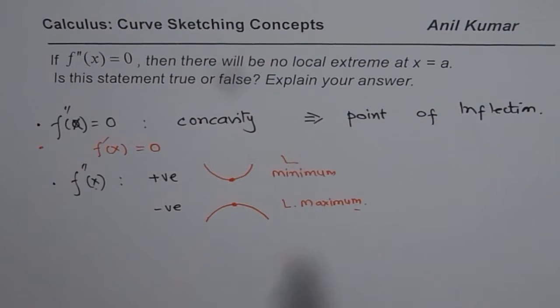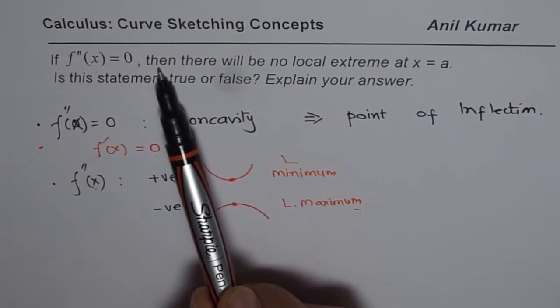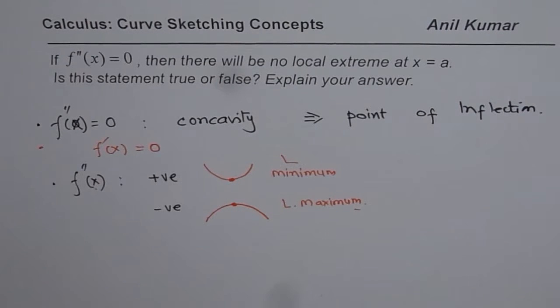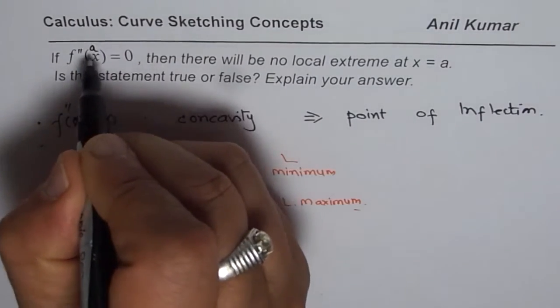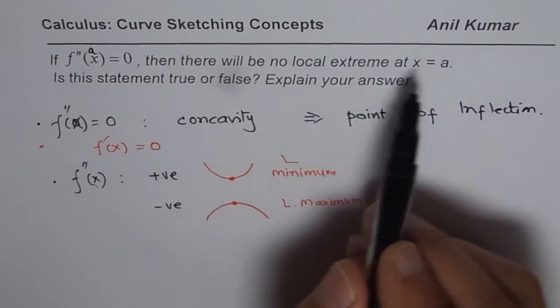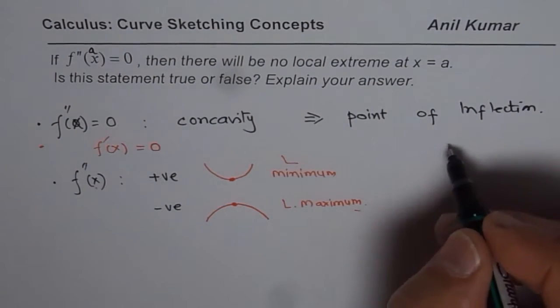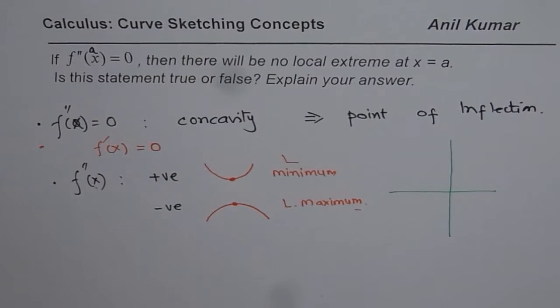So let's get back to our question. It says if second derivative is 0, then there will be no local extreme at x equals a, right? So x equals a is at any point a. So the critical point is a for us. As an example, we can always take a case of the cubic function, x cube.